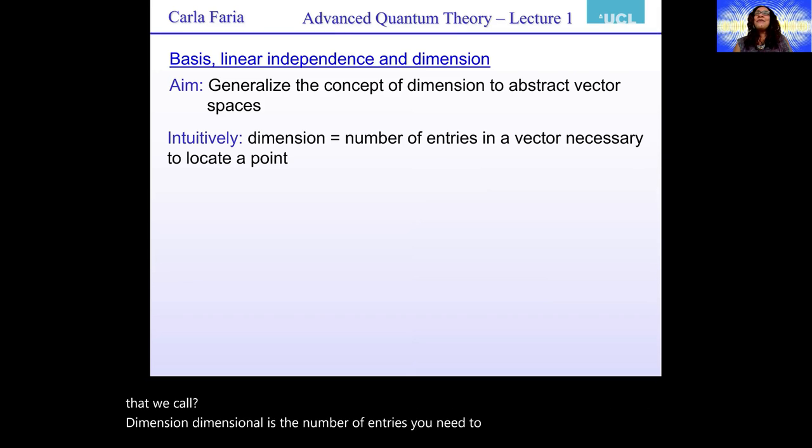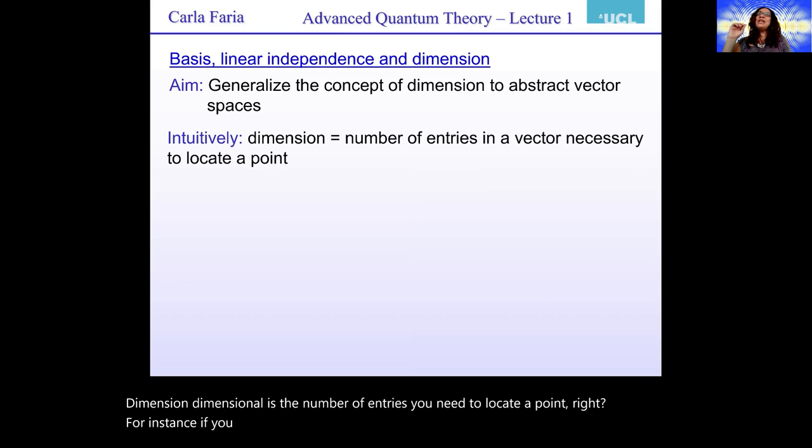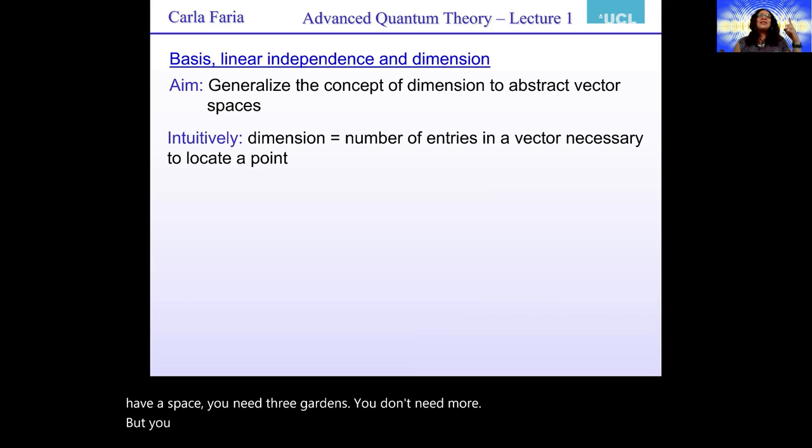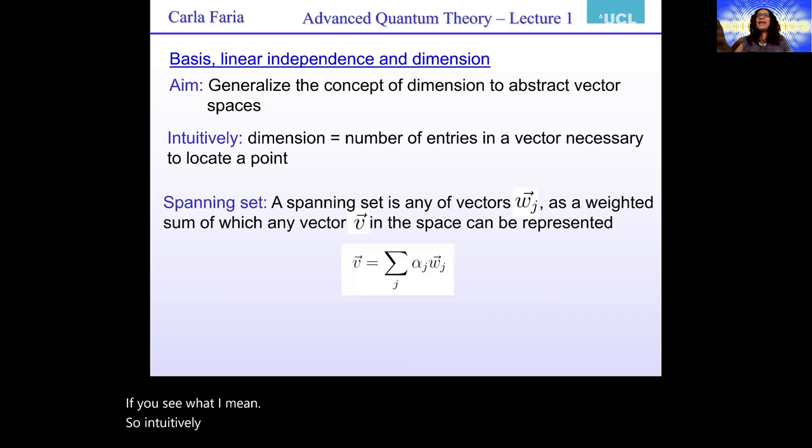For instance, if you have a plane, you need 2 coordinates and then you locate a point. If you have a space, you need 3 coordinates. You don't need more, but you cannot locate the point with less, if you see what I mean. So intuitively, that's what dimension is about. And we need to talk then about spanning set, because spanning set is when you have a weighted sum.